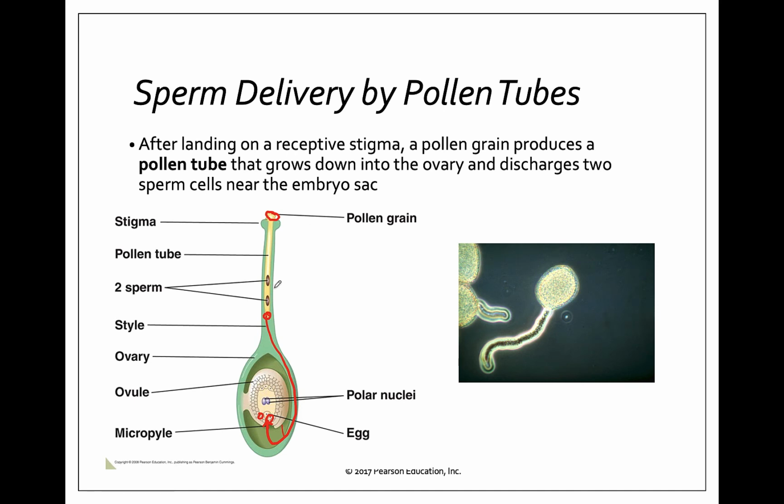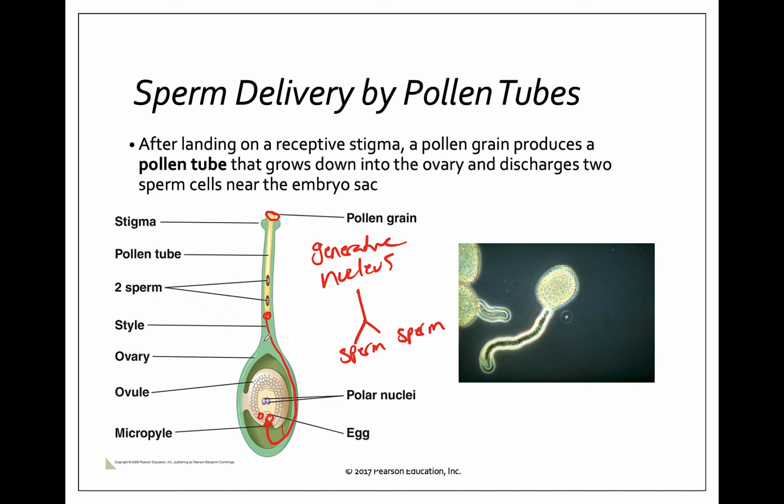And then behind it, we have the sperm, the generative nucleus. So the generative nucleus will divide into 2 sperm cells. So every time we see fertilization of a seed, we're going to actually have 2 fertilization events, 1 for each sperm cell.